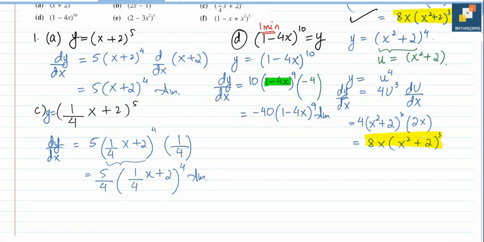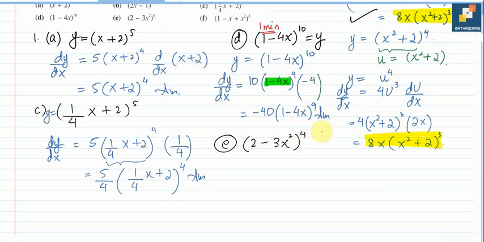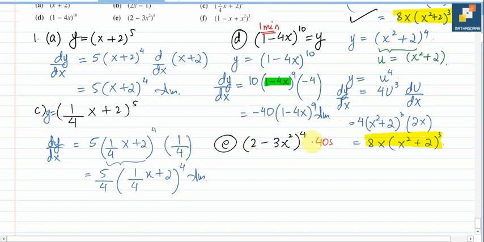Alright, moving on to the next one, it's part E. The question is (2 minus 3x square) to the power 4. Again you need to give it a try, and time for this part is 40 seconds.